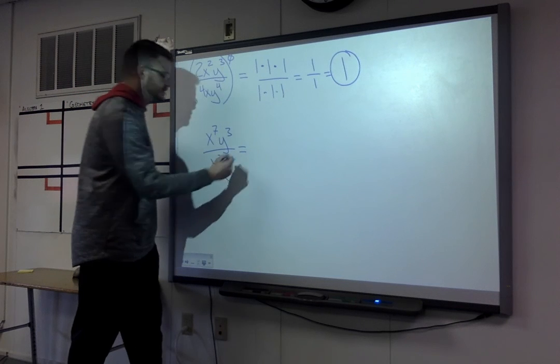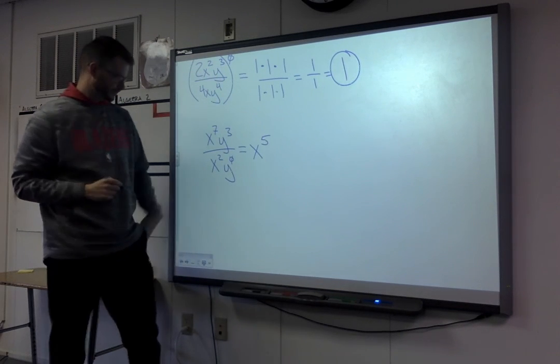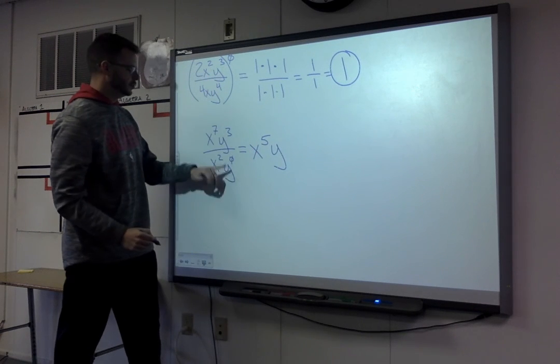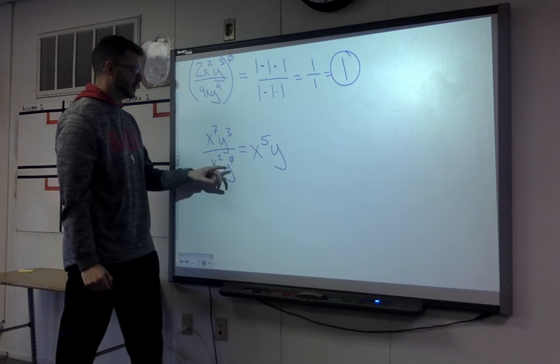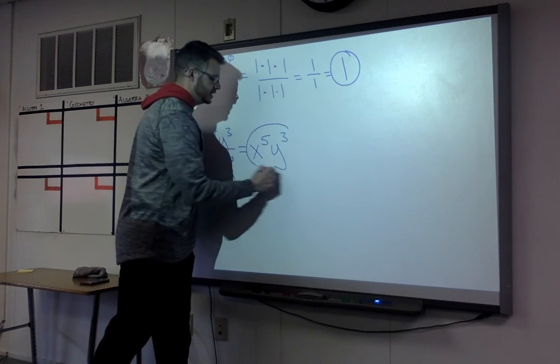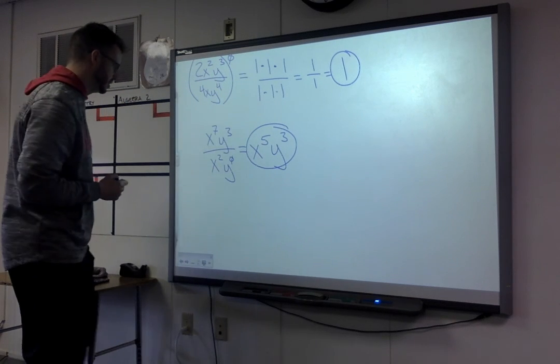So 7 minus 2 leaves us with x to the 5th power. Then same thing here. Y cubed divided by y to the 0th power, 3 minus 0 gives us 3. We have our answer of x to the 5th, y to the 3rd.